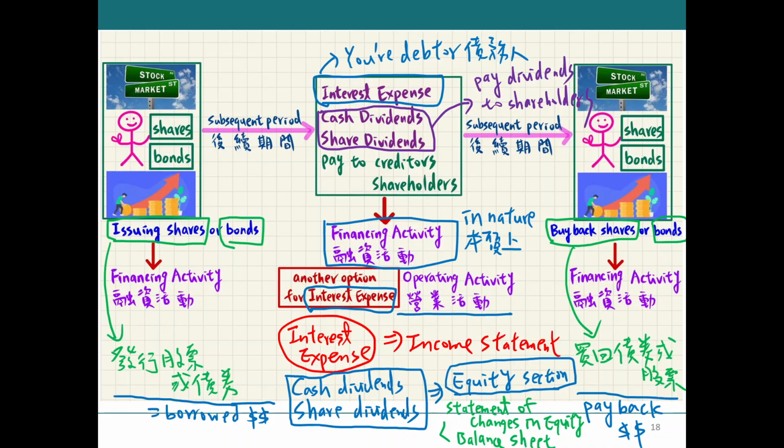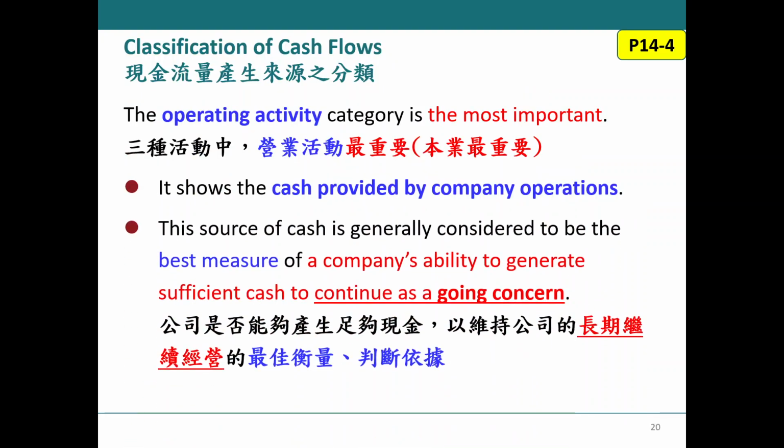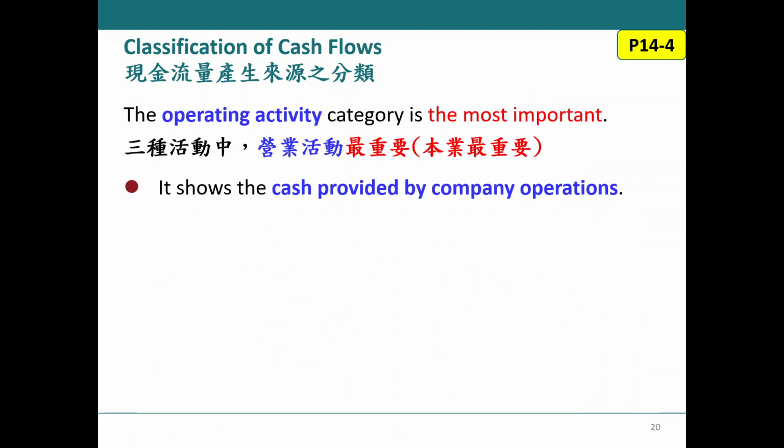Okay, if you don't have any questions, please go to slide page 20. No matter what, investing, financing, operating, which one is the most important activity for a company? Of course, operating, right? Why? Because operating activities is your main business. Based on operating activities, we could find out your long-term performance.